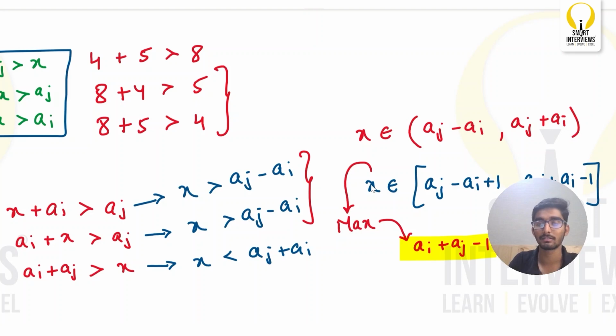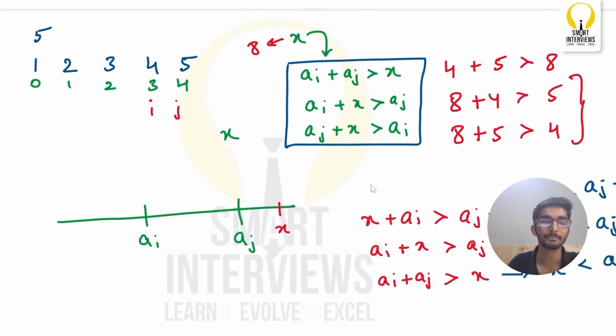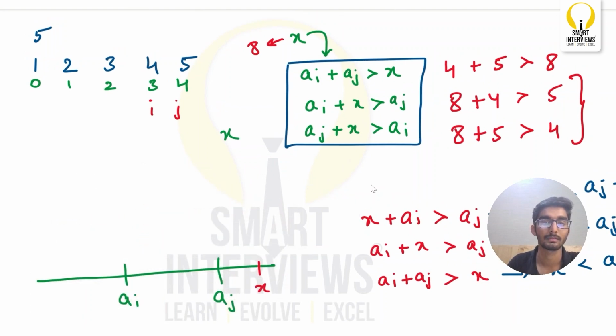So let's see this with the example. With this example, let's try to understand. Suppose I am picking this as i, this as j. I need to select x such that it will be the sum of these two minus 1.